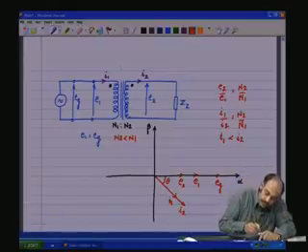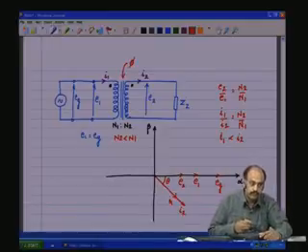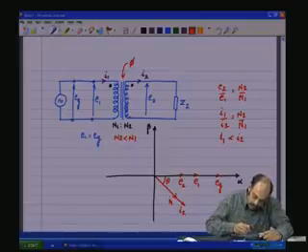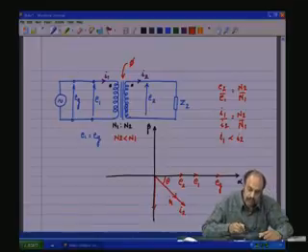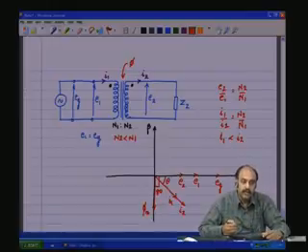Now, what about the flux in the core? The flux in the core will be lagging the voltage by 90 degrees. This is the flux phi m in the core.